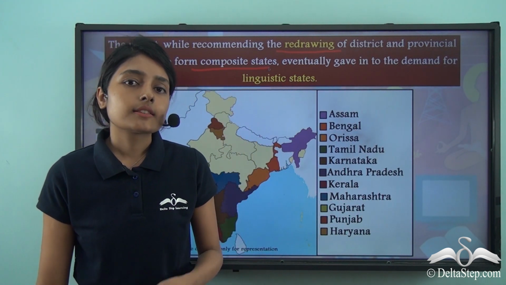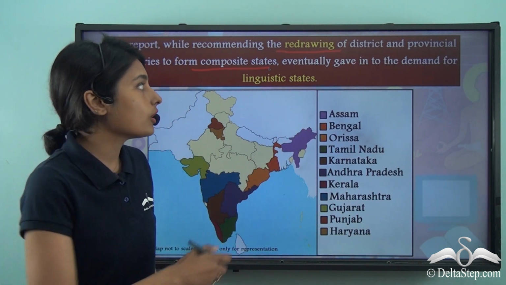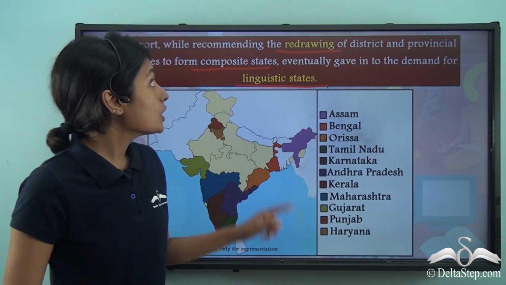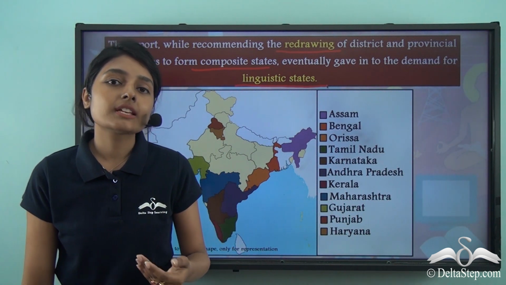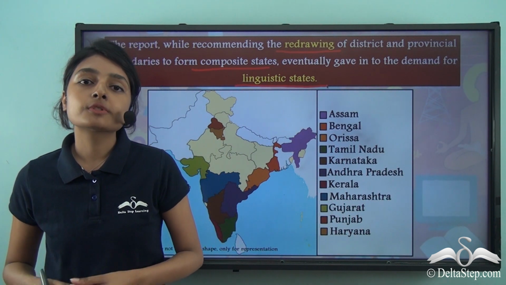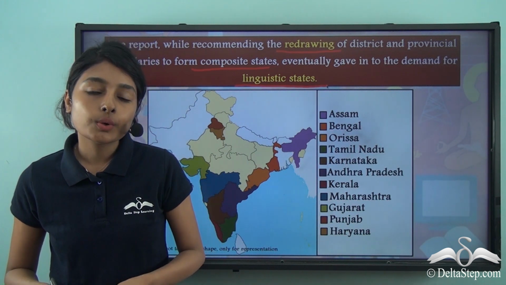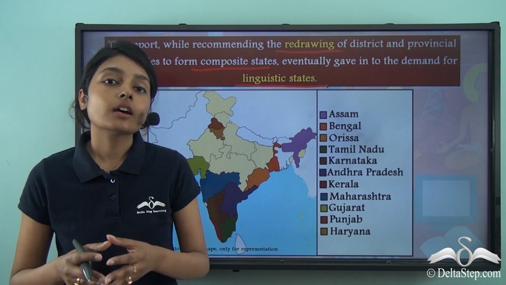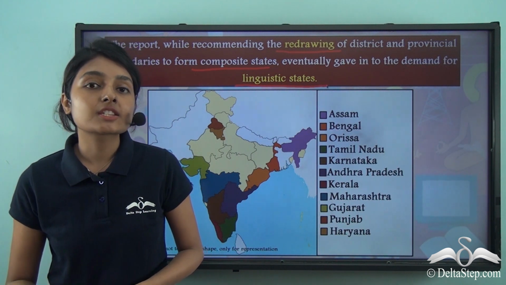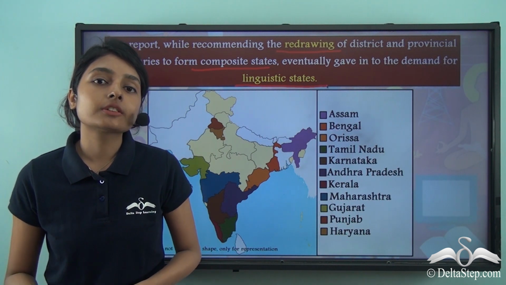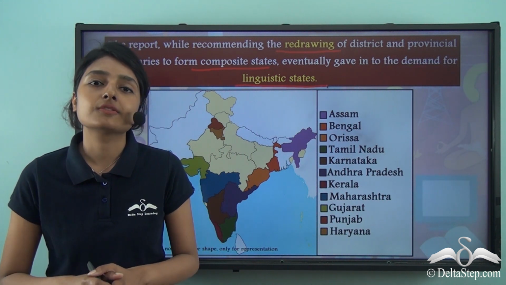But eventually, this report gave in to the demand and the clamoring for linguistic states. So this report of 1956 stated that new linguistic states should be formed for the Assamese, the Bengalis, the Tamil, the Telugu, the Kannada as well as the Odiyas. So in this way, new linguistic states were supposed to be formed as per the report that was submitted by the States Reorganization Commission in 1956.